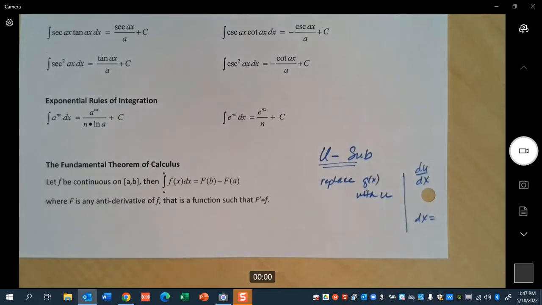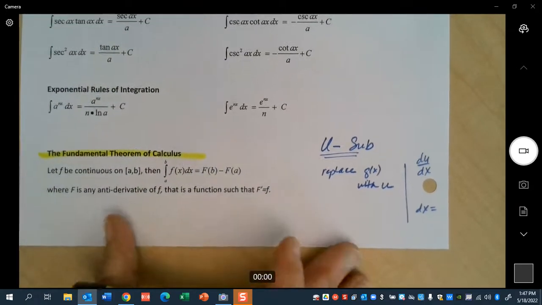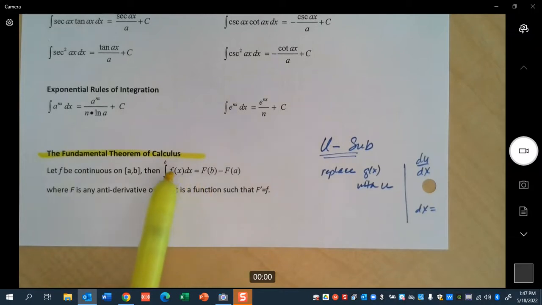So our fundamental theorem of calculus is really what it's all about. If I have a continuous function on the interval a and b, then I can go ahead and integrate that function, and then I can calculate its value on my upper and my lower bound, subtract them, and then I can figure out what that area is.